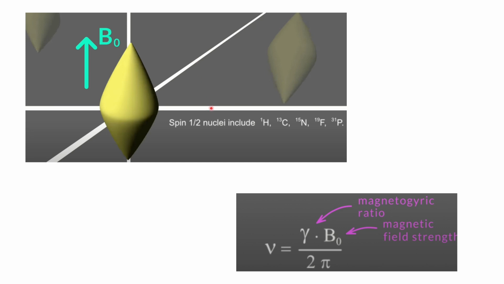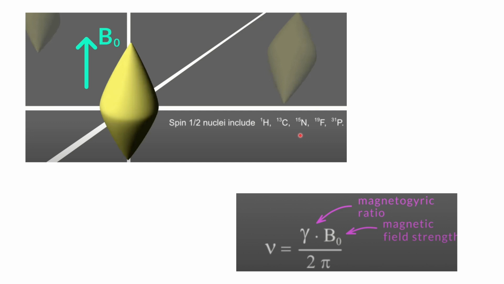Different nuclei have different spins, and the ones with spin 1/2 can exist in one of two possible spin states. So these include the following atomic isotopes. The hydrogen nucleus, usually referred to as proton, is present in most organic compounds and is the most frequently analyzed by NMR.